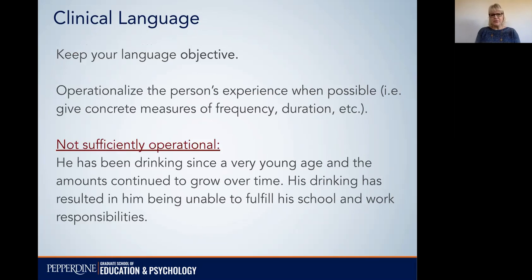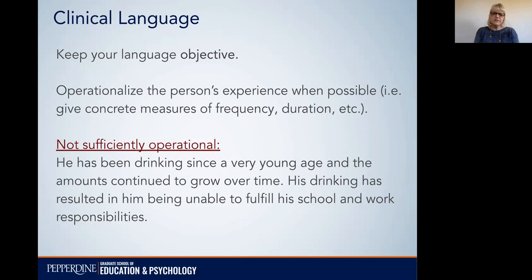So it kind of overlaps, but you'll see this is even more specific. So operationalize the person's experience when possible, which means giving concrete measures of frequency, duration, etc. So here you are really making sure that you have those concrete measures. For example, this one may seem like it's okay, but it's actually not sufficiently operational.